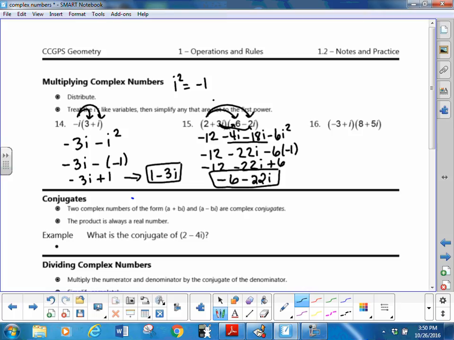For number 16, I need to distribute. That's negative 24 minus 15I. And then 8I plus 5I squared. If I neaten this up a little bit, I get negative 24 minus 7I plus 5I squared.